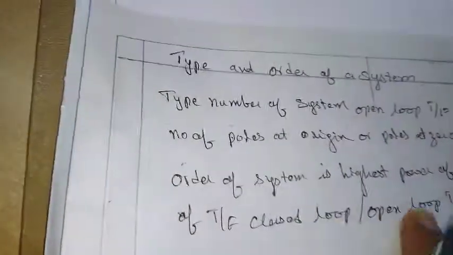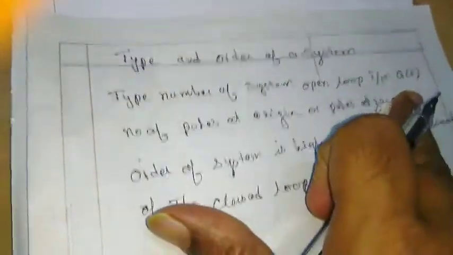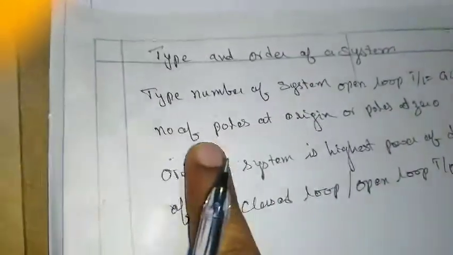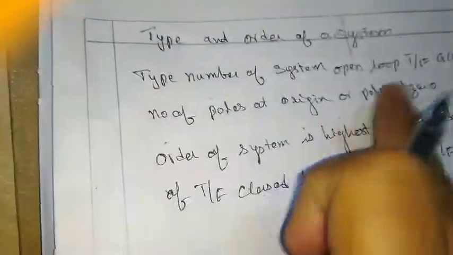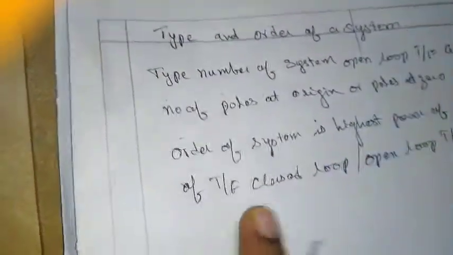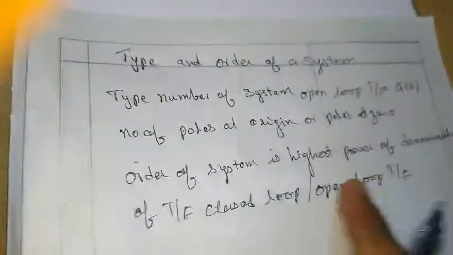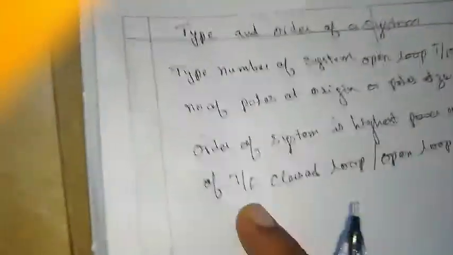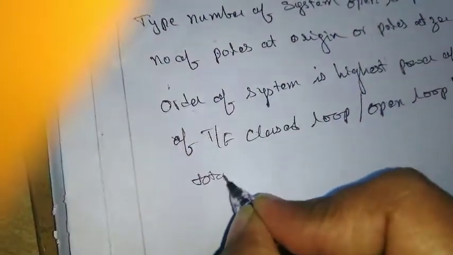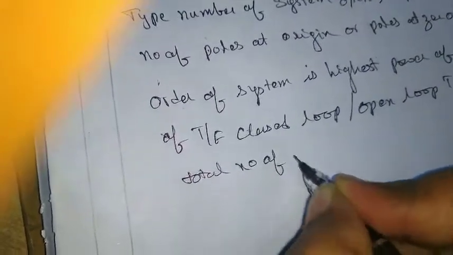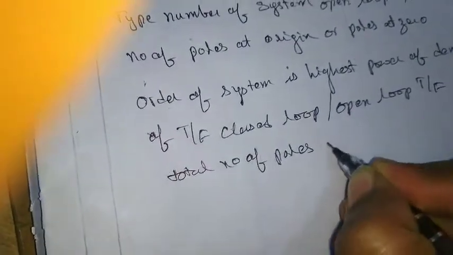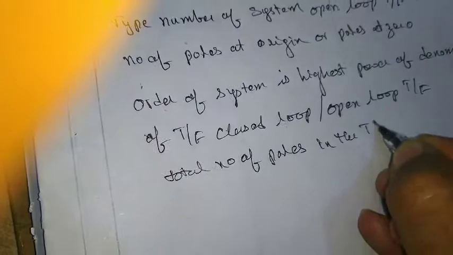The order is defined for both open loop and closed loop transfer functions, whereas type is only defined for the open loop transfer function. So type gives the number of poles at the origin, whereas order gives the highest power of the denominator. It is nothing but the total number of poles in the transfer function.